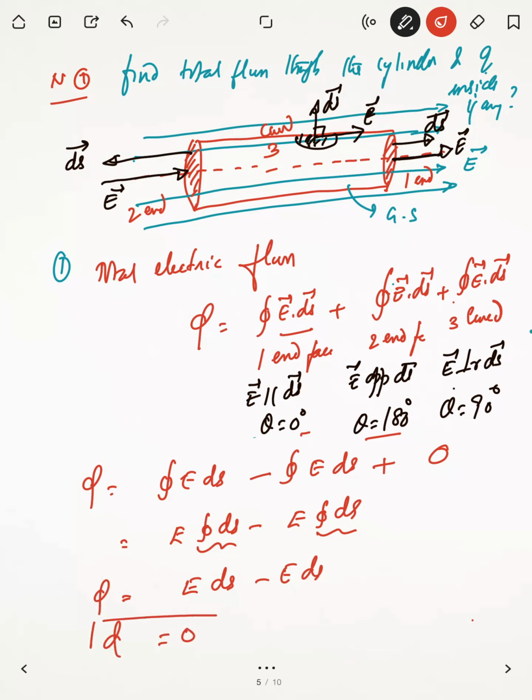So you can see the total flux through this cylinder that is kept in the uniform electric field is equal to 0. There is no net flux. If there is no net flux, you can calculate what is the charge, if any. This can be done by Gauss's theorem. You can recall Gauss's theorem now. So the next point will be to find out the charge.